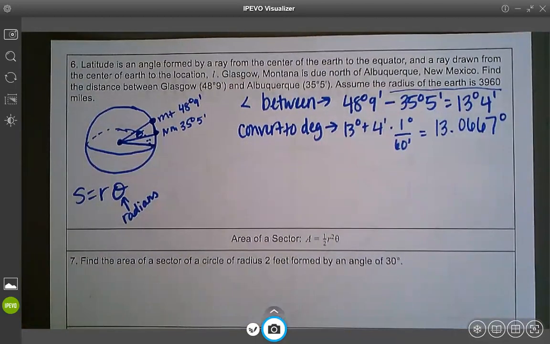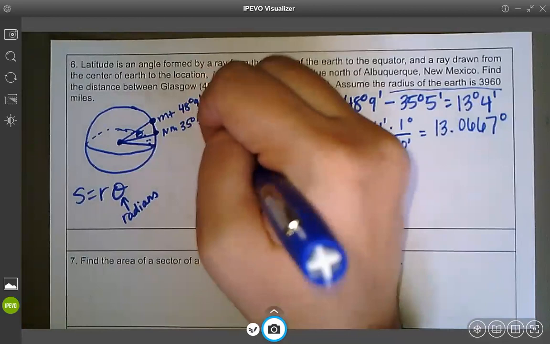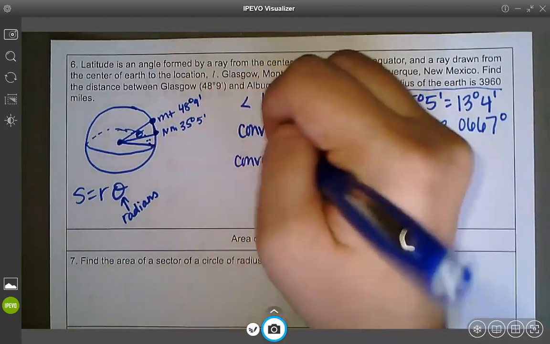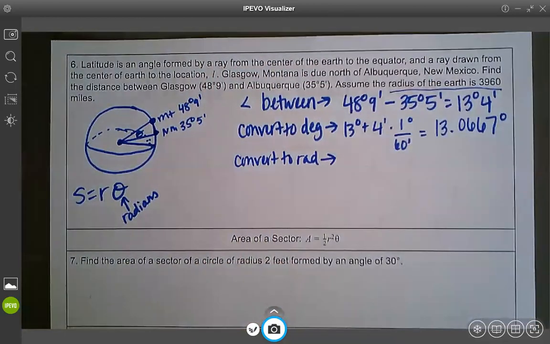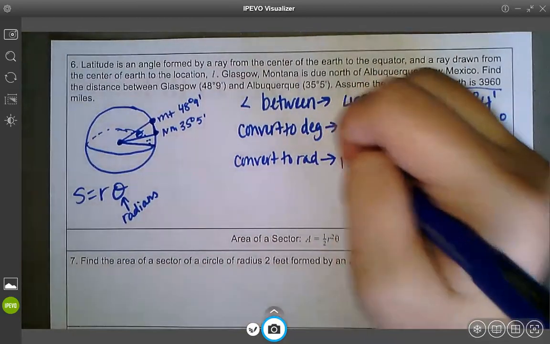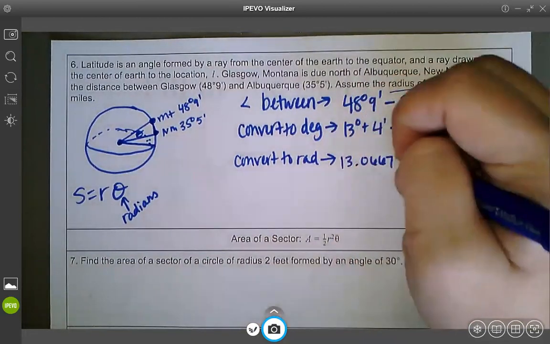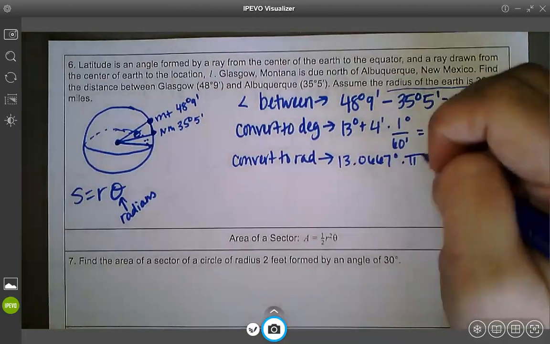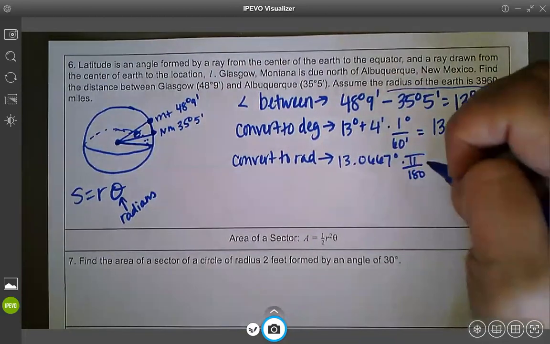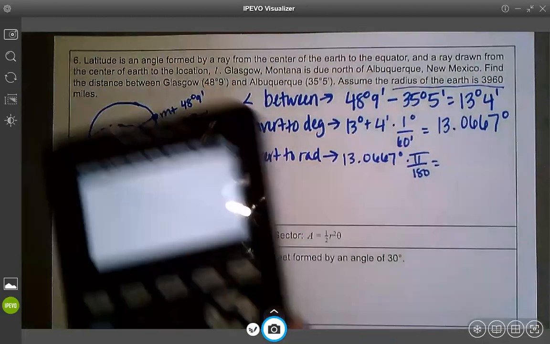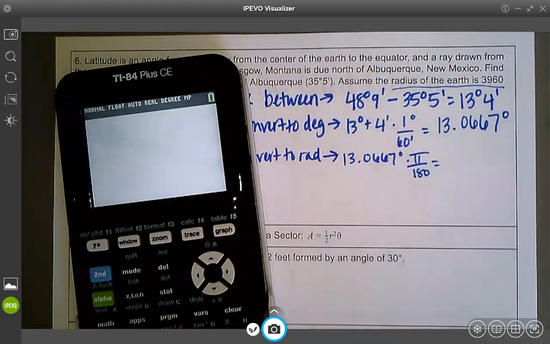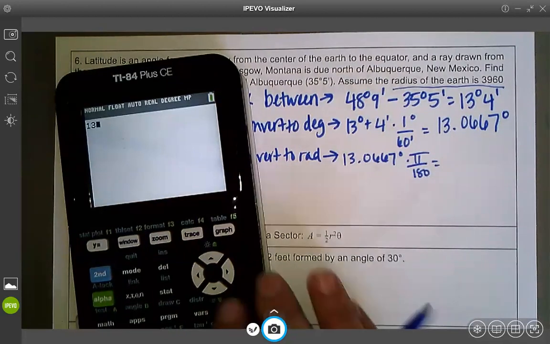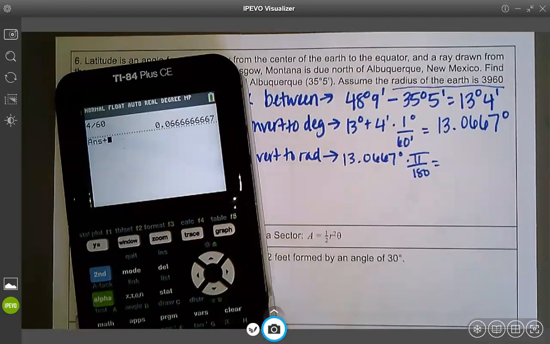Now I'm going to take that degrees and convert it to radians. So 13.0667, I'm going to multiply that by pi over 180. So I put it back, 4 over 60 plus 13.